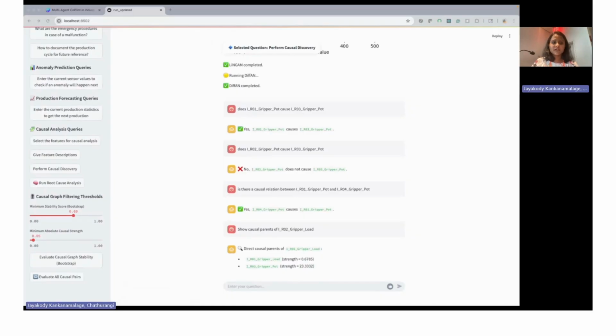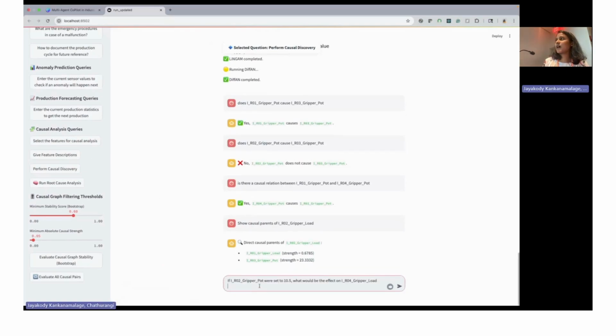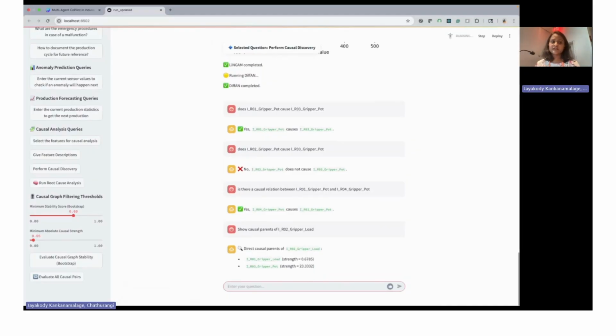And then let's see your question. Yeah, so I'm asking if IR2 gripper potentiometer was 10.5, then what will be the effect on the other variable, things like that.